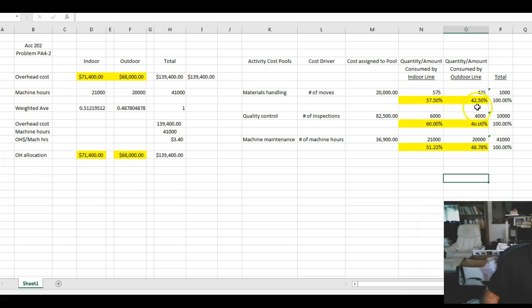We've come up with percentages to apply to the total cost for each of the activities in total. So the cost assigned to materials handling in total is $20,000, and now we use these percentages to allocate this cost to each of the two products. So 57.5% of this amount will go to indoor, 42.5% of this amount will go to outdoor.